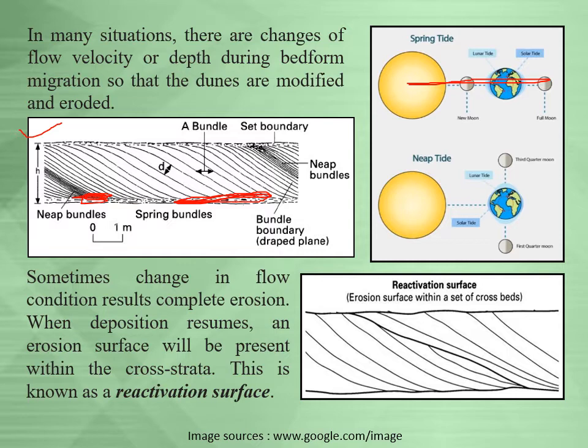So in this time, when sun, moon and earth are in a line, the effect of tide is maximally observed, and this is known as spring tide.